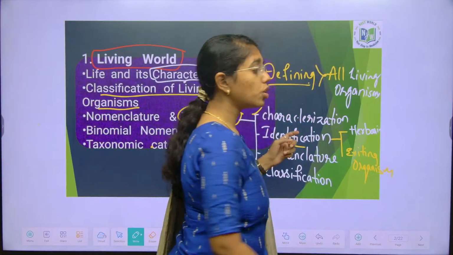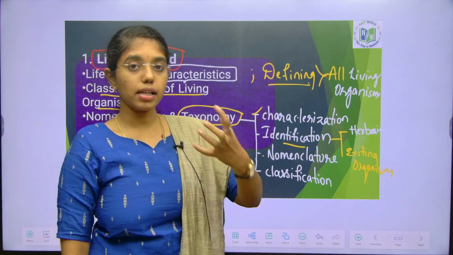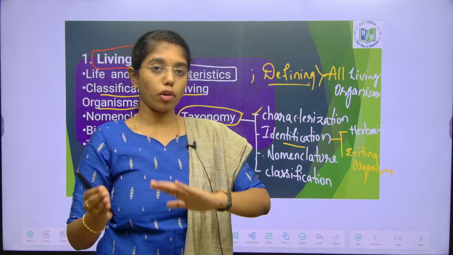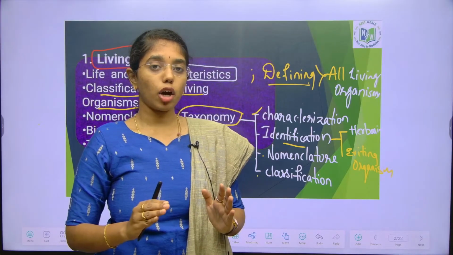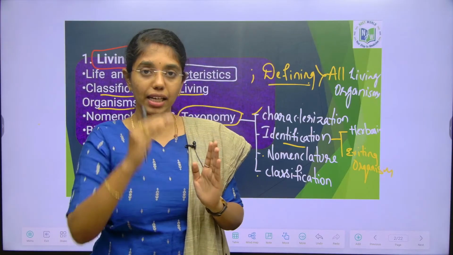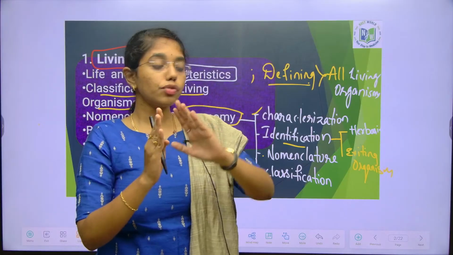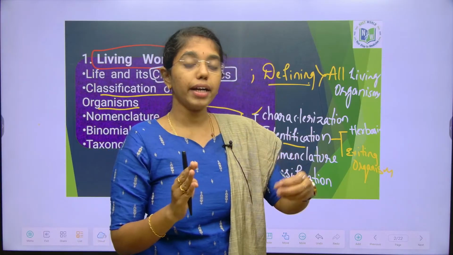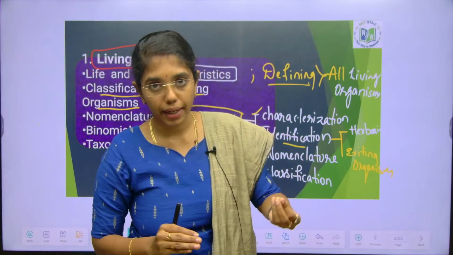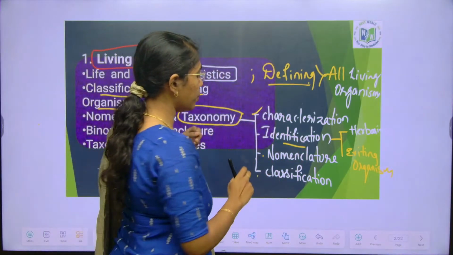So, first you will characterize the living organisms, both external morphological characters and internal anatomical characters will be completely analyzed and drafted, and then this will be compared or identified taking the help of standard herbaria, after which you will name it.